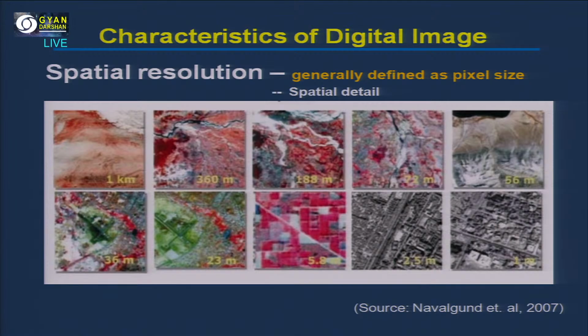Here in these images, the images are taken from 1 kilometer down to 1 meter, and in this series of photographs, the photographs taken from 1 kilometer show lesser detail as compared to 1 meter. So this is about the spatial resolution.